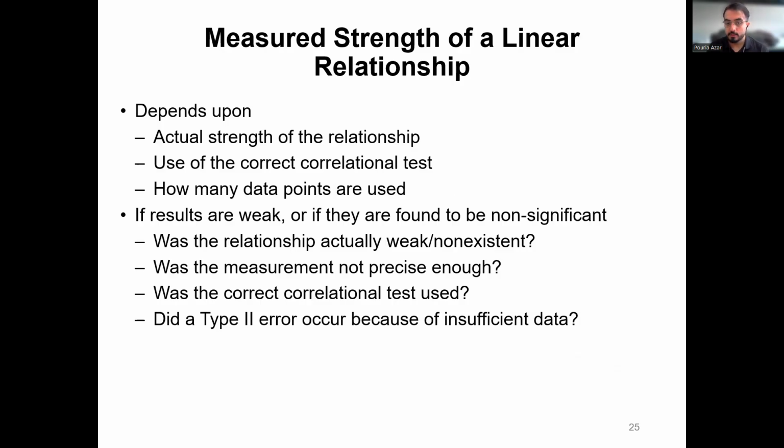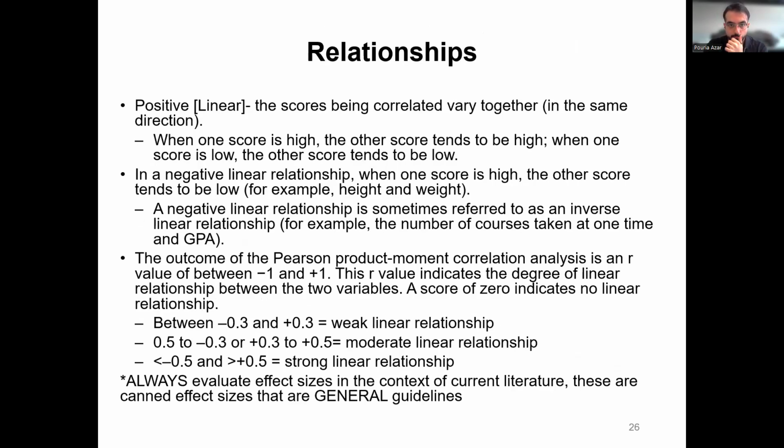Was the measurement not precise enough? Was the correct correlation test used? Did a type 2 error occur because of insufficient data, because of having a small sample size? So we need to ask these questions if we get a weak relationship or non-significant correlation.